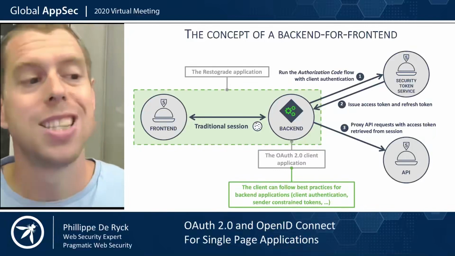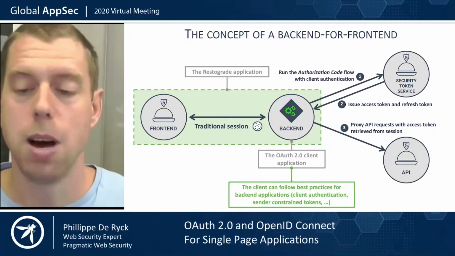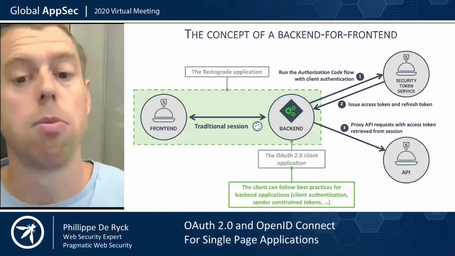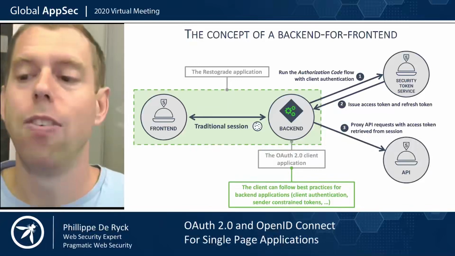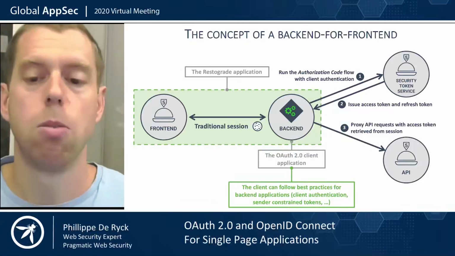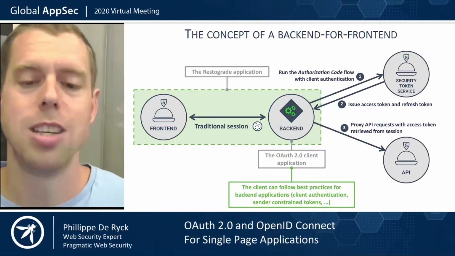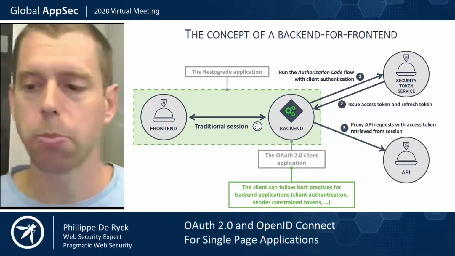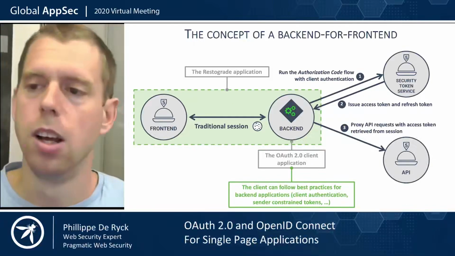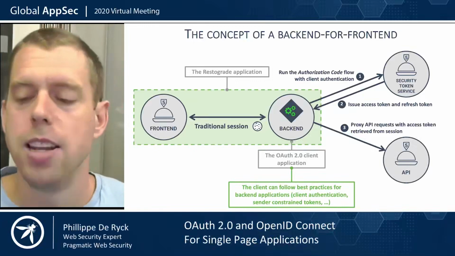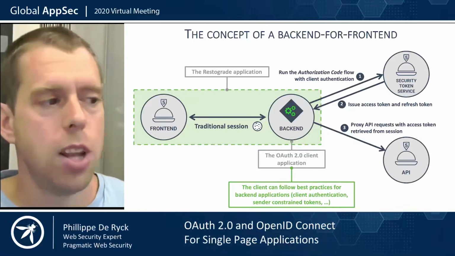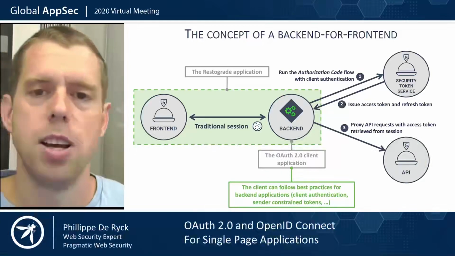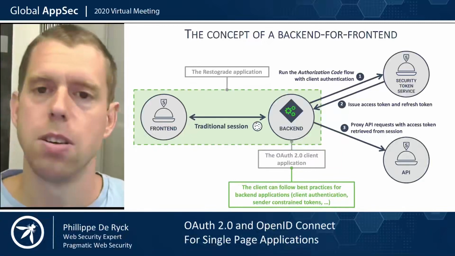Also, we can use sender-constrained tokens in the backend, which is basically a proof of possession mechanism that would prevent someone with a stolen access token from using it without knowing a secret that only our backend knows. And this is a BFF, or a backend for frontend, and this is the recommended best practice today for building sensitive SPAs dealing with APIs.